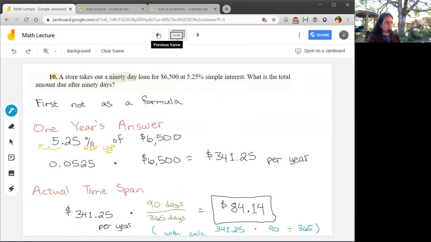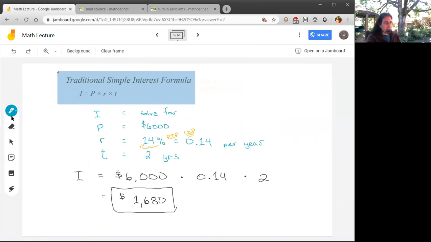Okay, so here we have the shorter style formula.